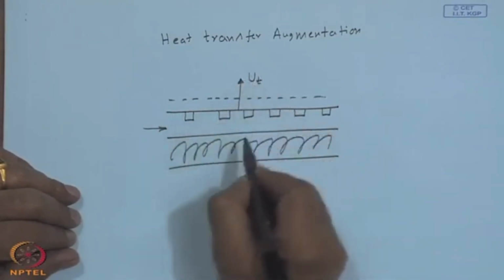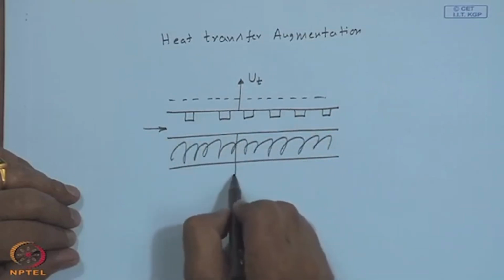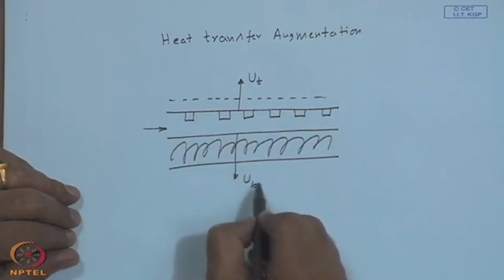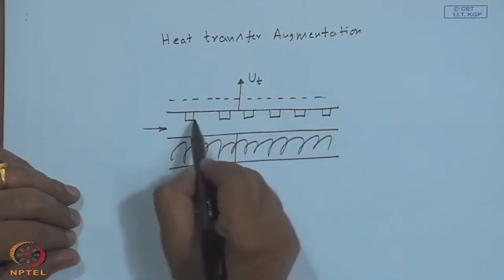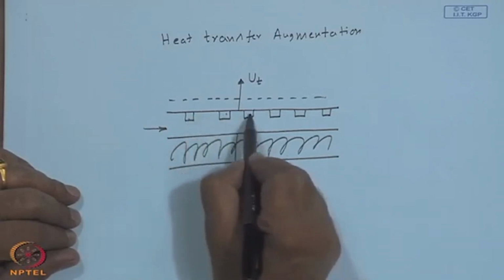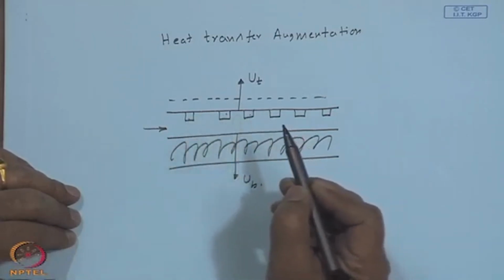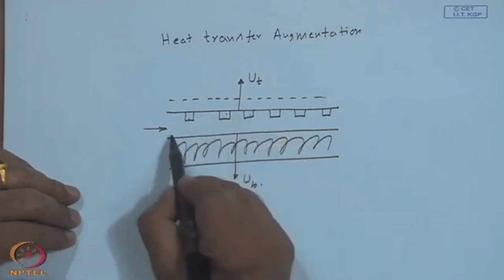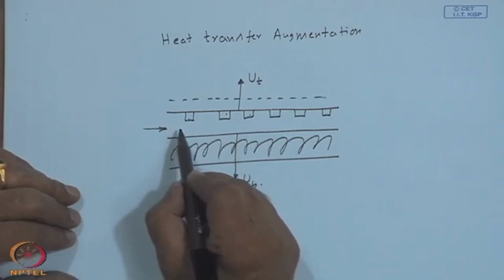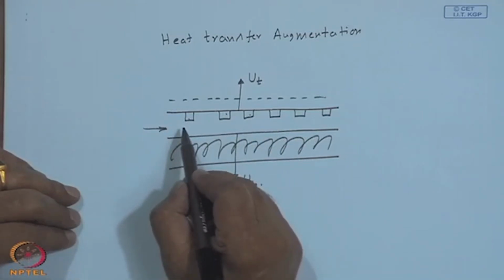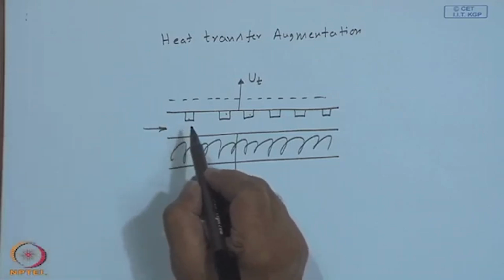This will be your U T and this will be your U B. Now, these protrusions provide the breaking of the boundary layer or flow mixing, thereby enhancing the heat transfer coefficient.